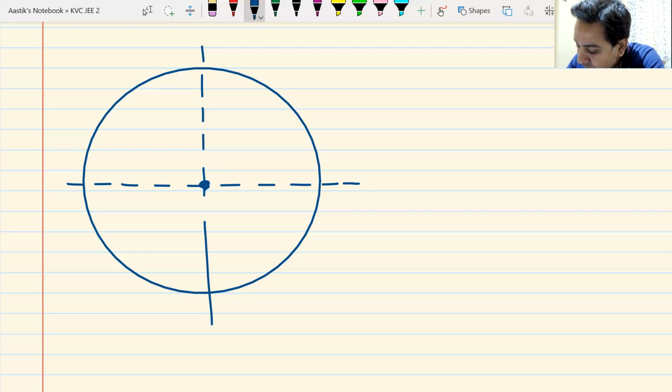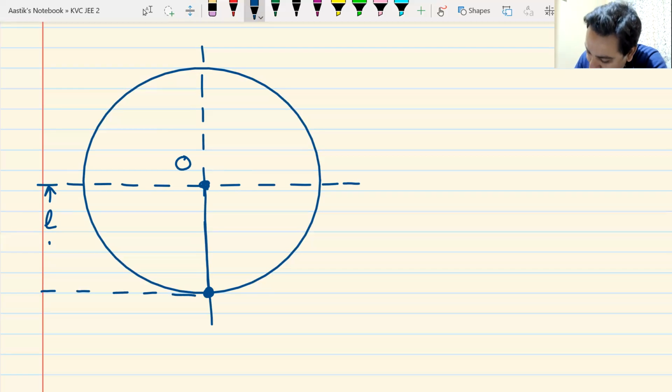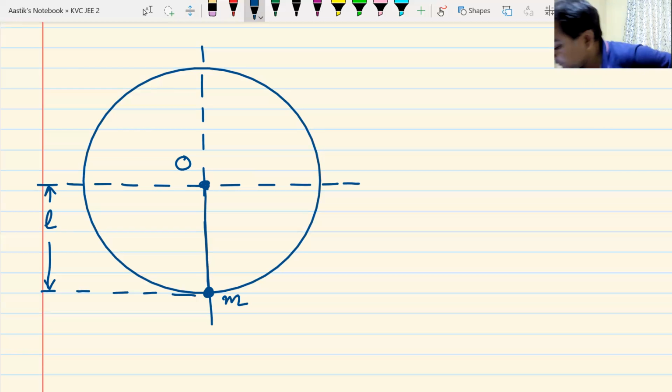Case B is like this. I have the center here. I have the string here. I am not able to draw a straight line, so I'll just try again. Okay, this looks like a straight line. The length of this string has to be marked as L. Normally, the length of the string L is given to you. The mass of this block M is given to you.